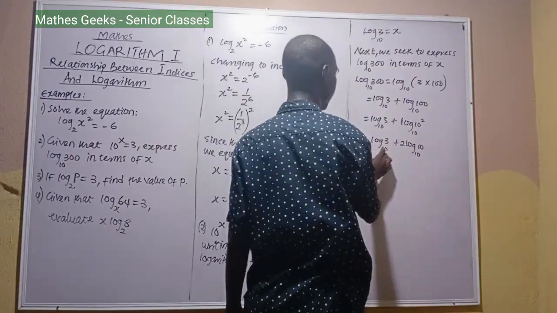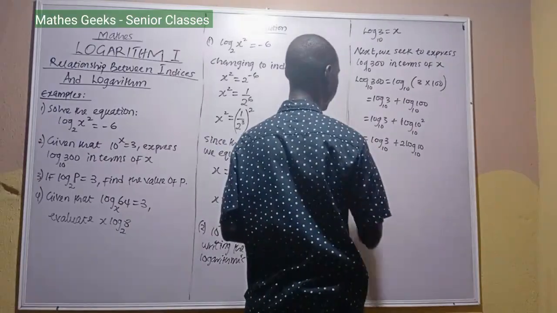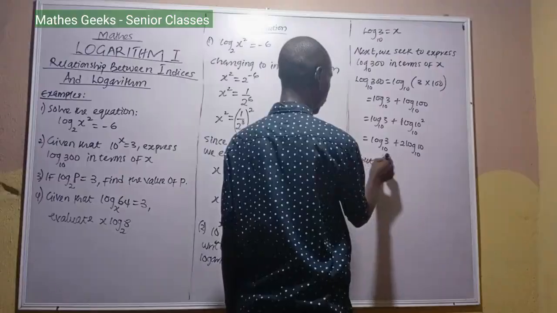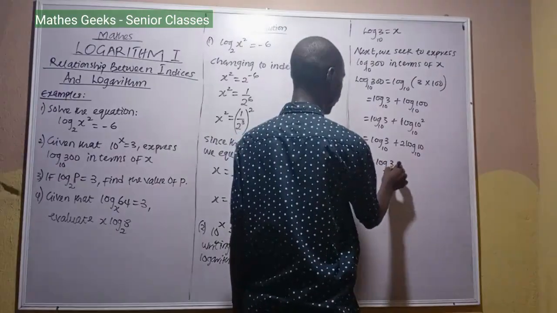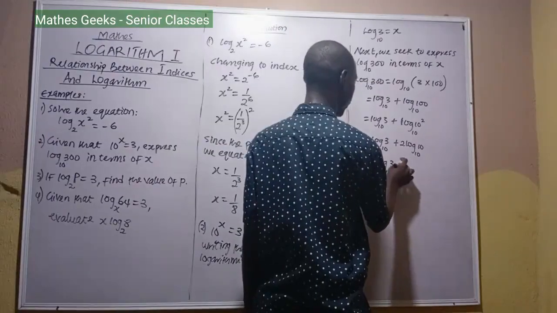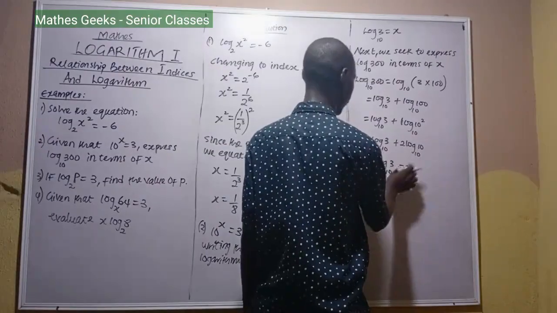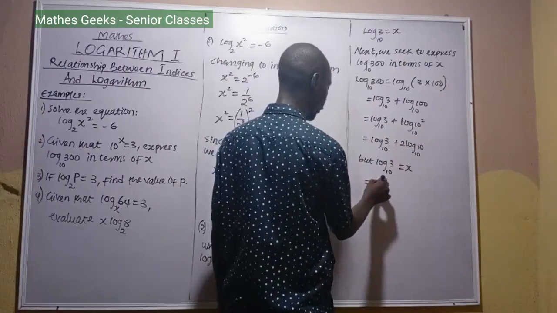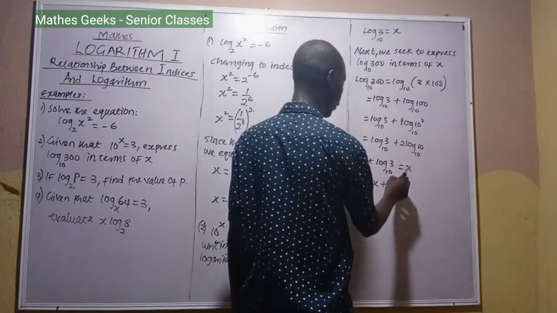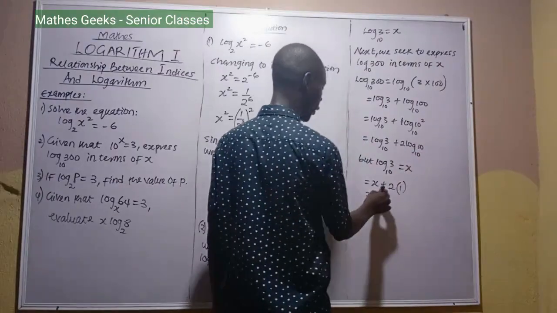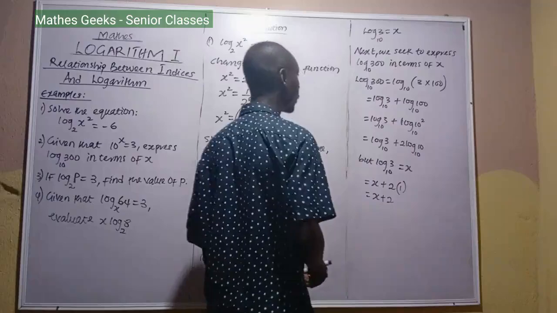So where we have log 3 to the base 10, we'll put x here, and that will be equal to x plus 2 log 10 to the base 10, which is 1, and that's equal to x plus 2, the final answer.